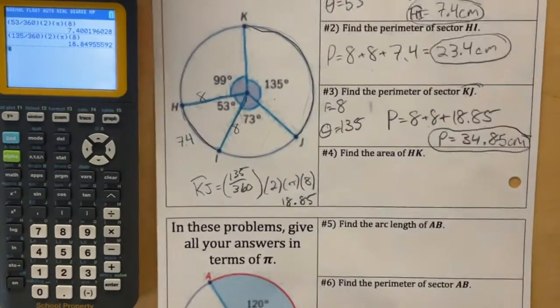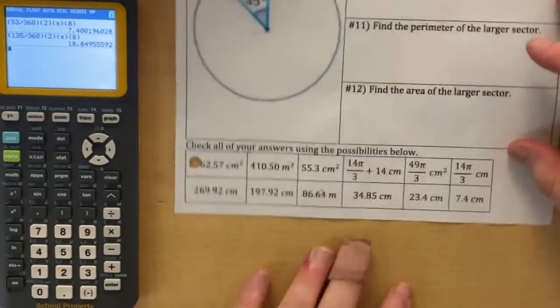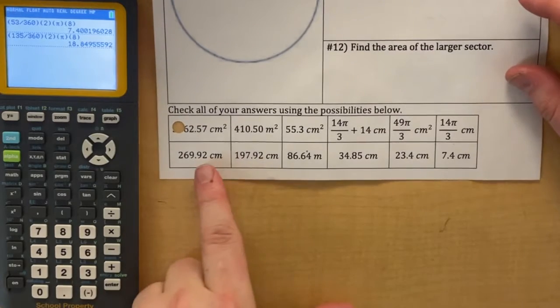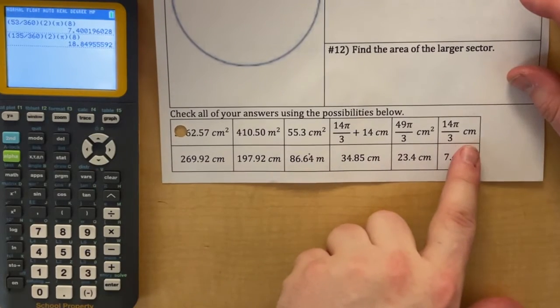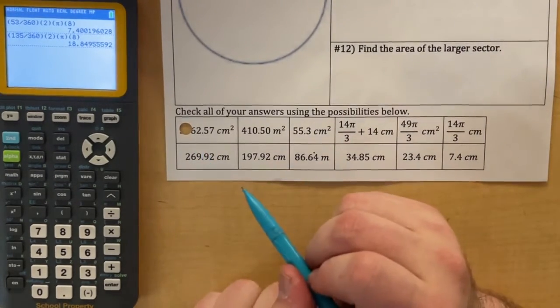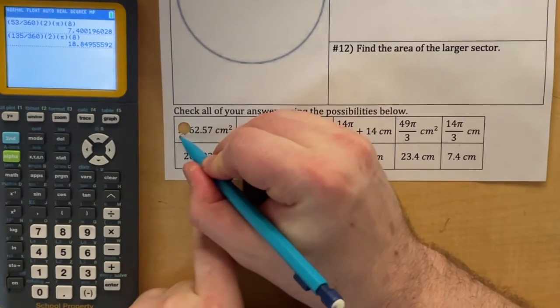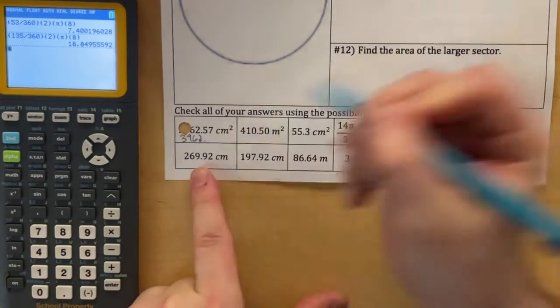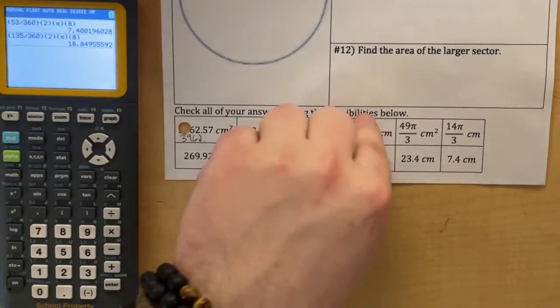Also, if you need to, on the back bottom, you're able to check your answers using the possibilities below. And this should be, I think, a 3.9. I'll double check on that, but that should be 3.962, in case it got cut off.